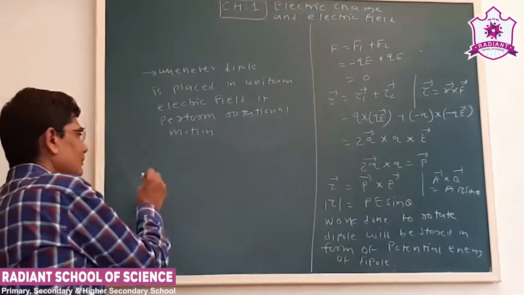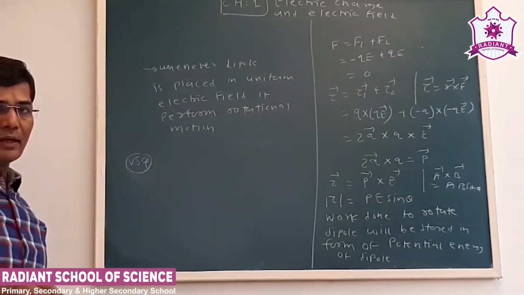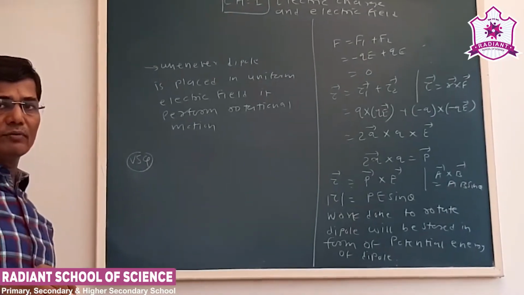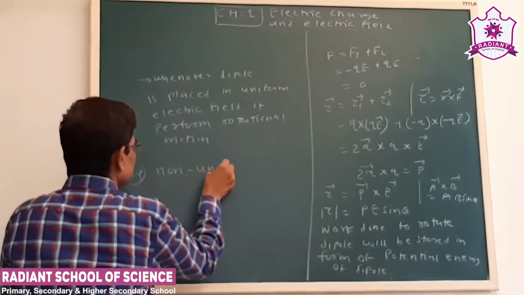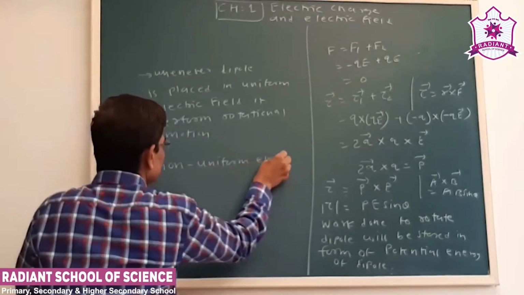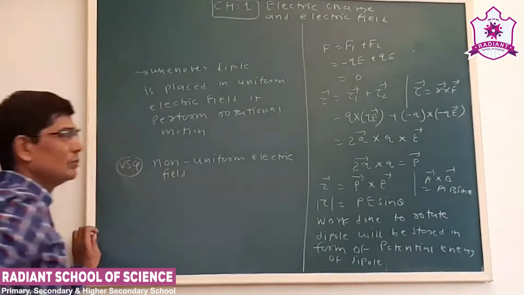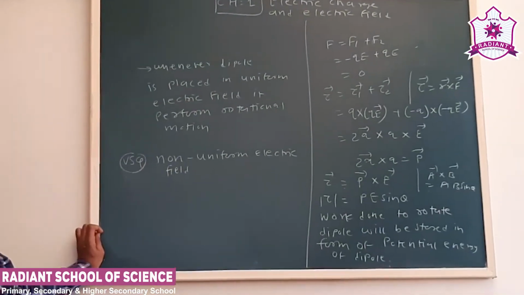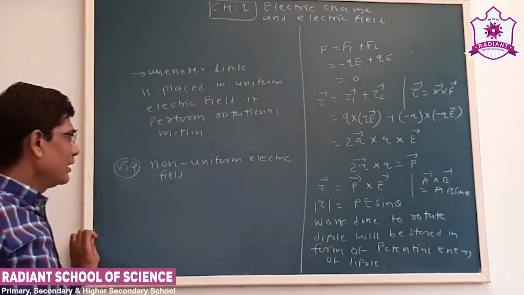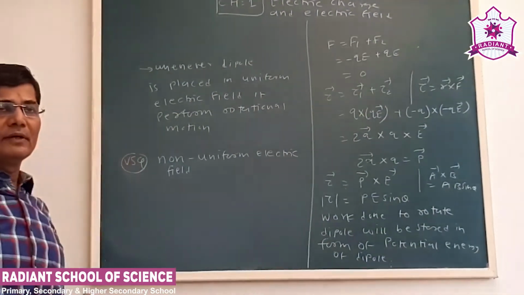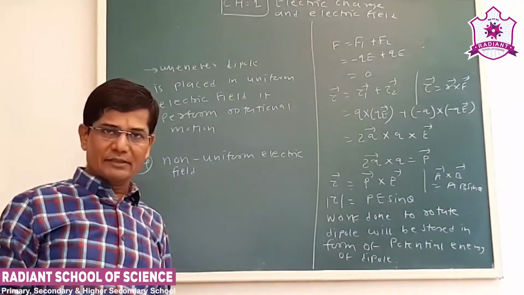Now next will be our short question. What if the dipole is placed in a non-uniform electric field? First we see how we can represent a non-uniform electric field. A uniform electric field, we have seen, is represented by parallel and equidistant lines.